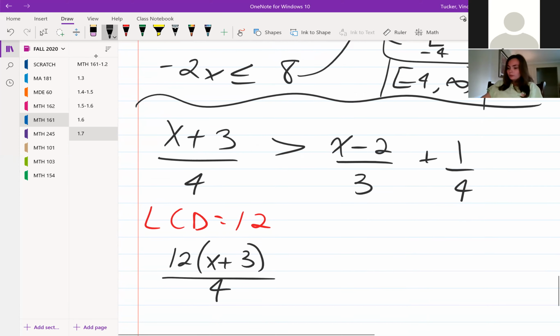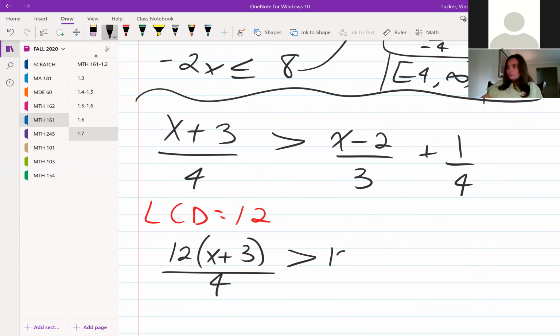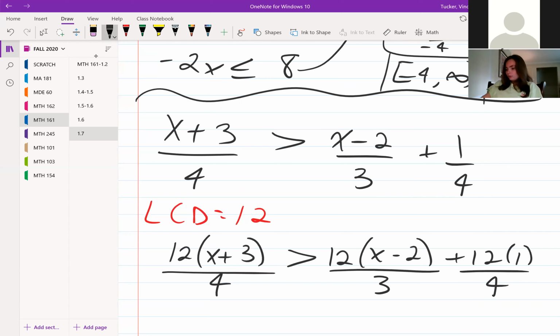So once again, it's the same process. All right, so 4 goes into 12, leaves you with 3. 3 goes in 12, leaves you with 4. 4 goes in 12, leaves you with 3.